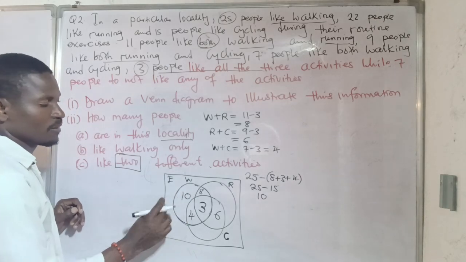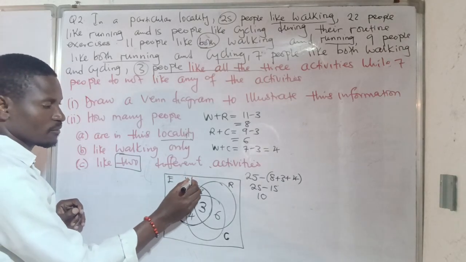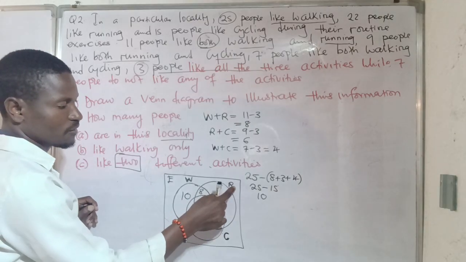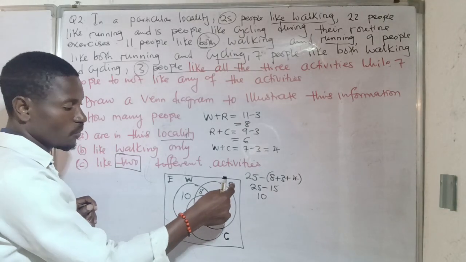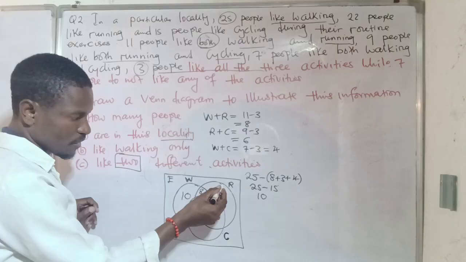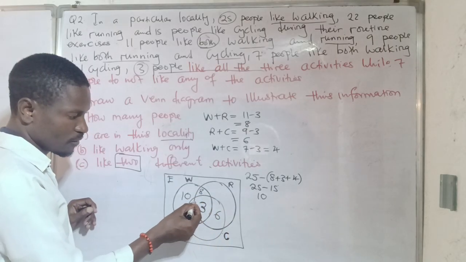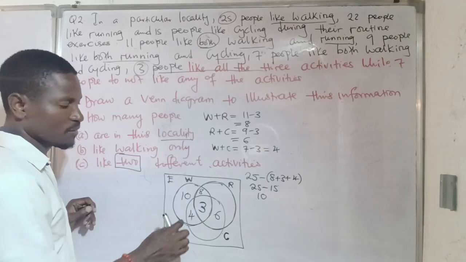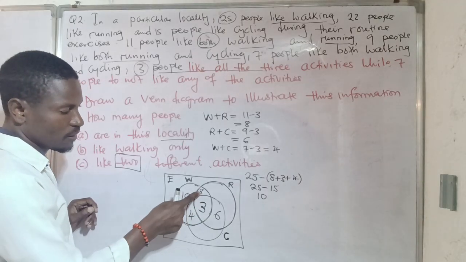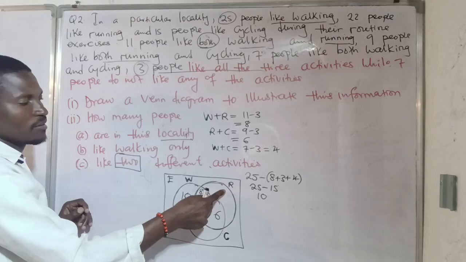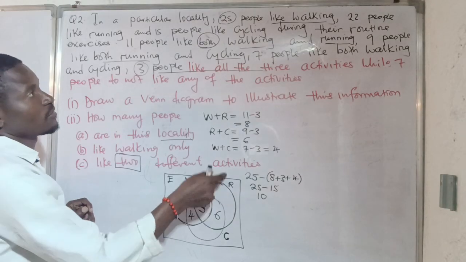So this is going to be 10. And then you do the same with only running. You take this part and add everything that is inside it: 8 plus 3 plus 6. What is the total for running?